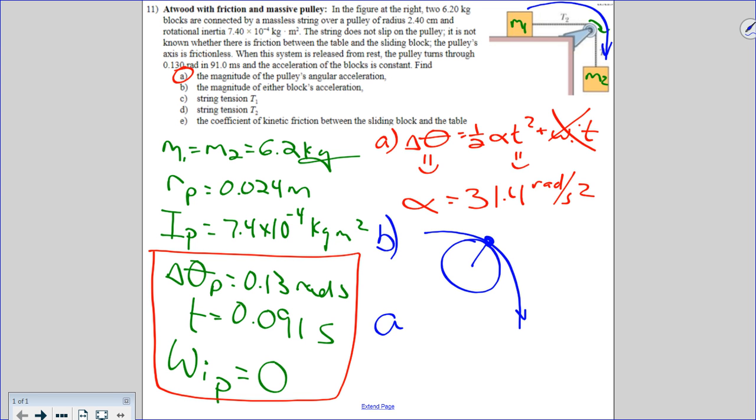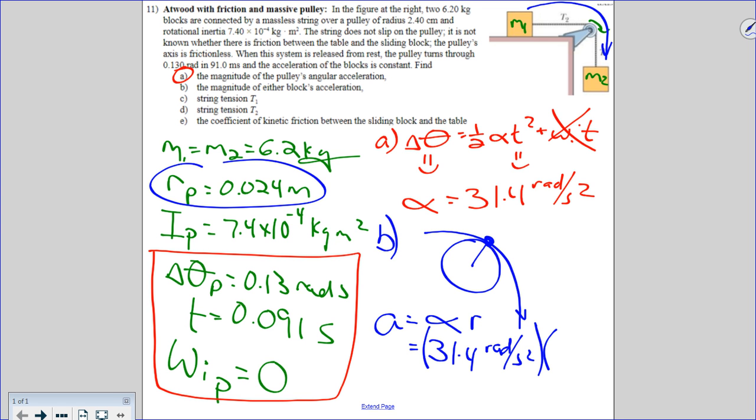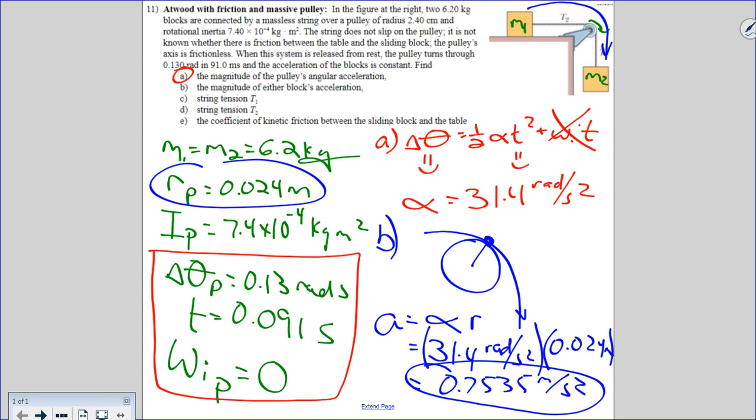The pulley is accelerating angularly at 31.4 radians per second squared, and it has a radius of 0.024. So we get an acceleration of 0.7535 meters per second squared. That's the acceleration of our whole system, which is very useful.